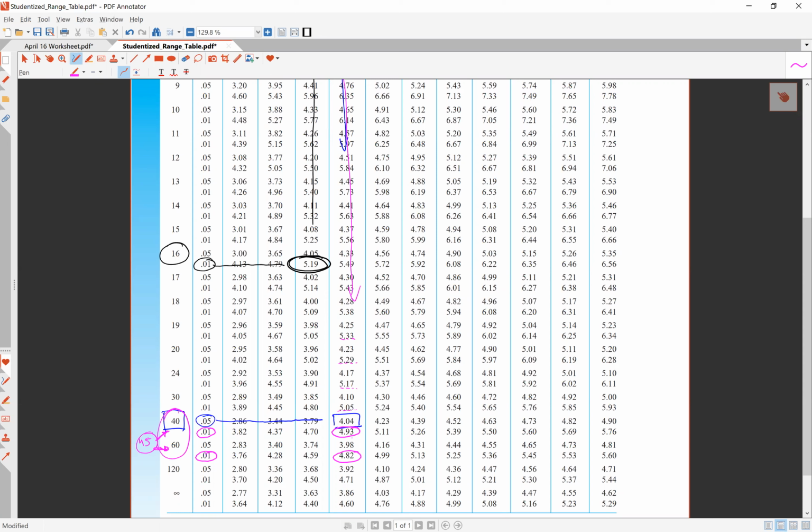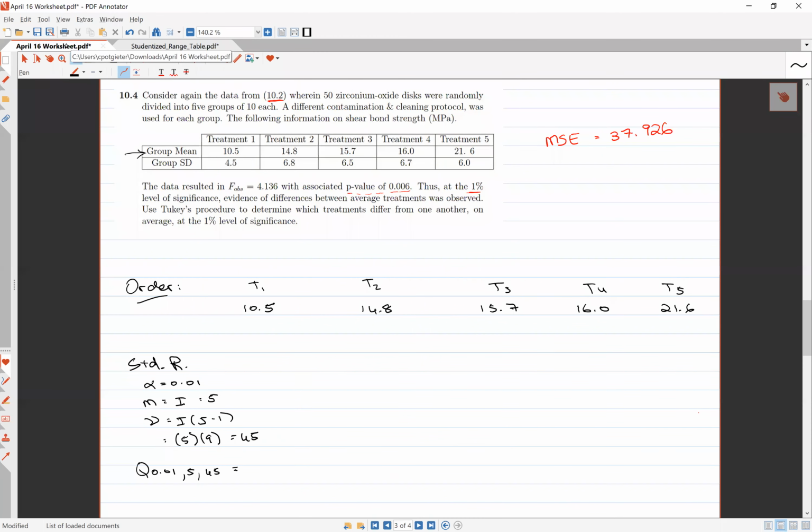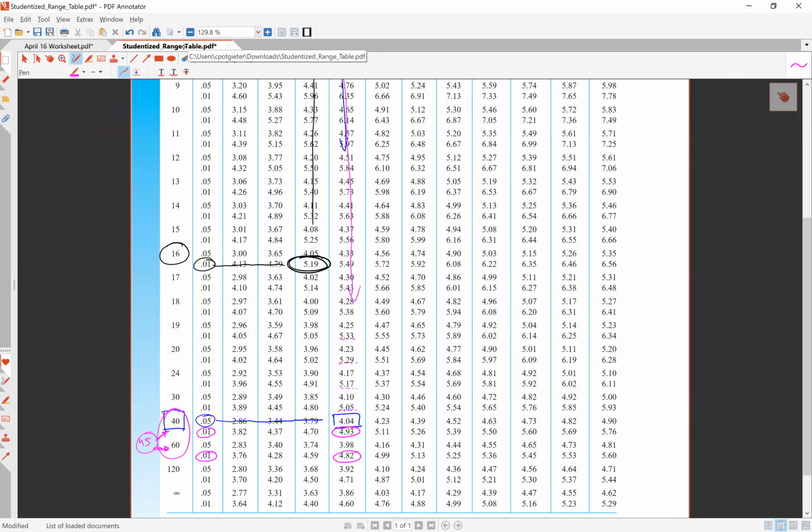I'm certainly going to be lenient here about what value you use, as long as you show me that it's between the two values and it's closer to one than to the other. In an extreme scenario, you can average them, 4.93 plus 4.82 divided by 2. Their average is 4.88.